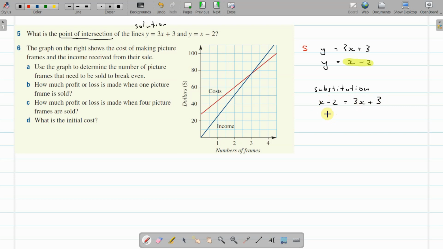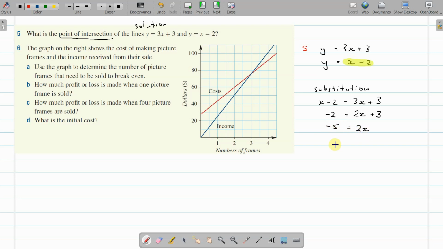So take away the x from here, leaves us with minus 2 there. And take away x from here, we're left with 2x plus 3. And now we're going to remove this plus 3 by taking it away. So minus 3, which leaves us with just 2x there. And minus 3 from minus 2 is minus 5.